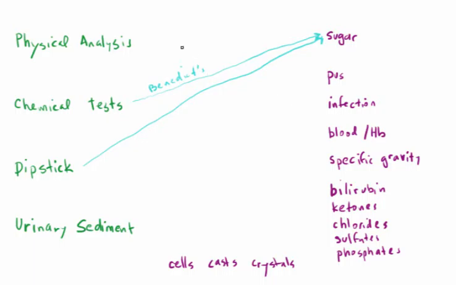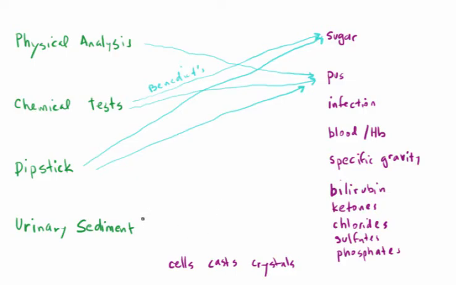Pus is going to be detected in part by a physical analysis because we'll be looking for cloudiness. And that's going to be backed up by chemical tests. For example, I think we have the nitric acid test to support that. Pus is also going to be tested using the dipstick analysis. So basically we have multiple ways of determining this.